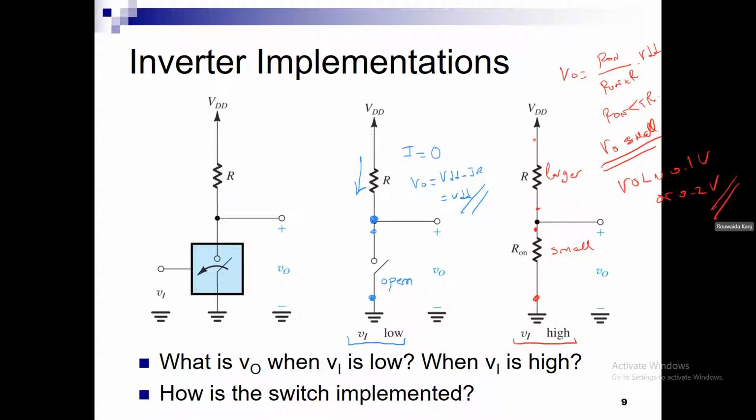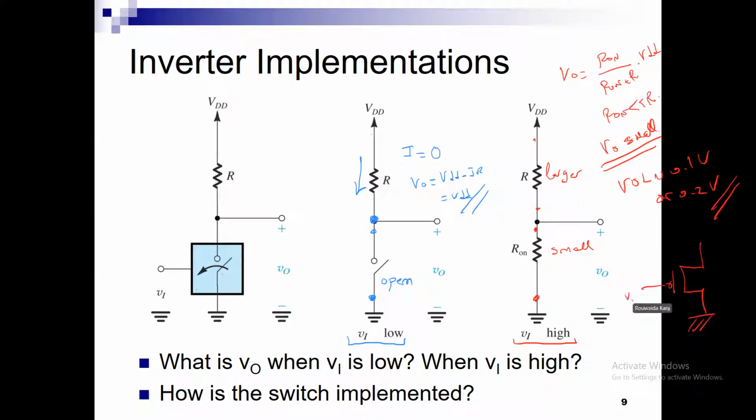Okay, so under this condition, if the device is strong enough, its R-on will be small and it's going to pull the output. The output will favor the low. Okay, now how do we implement this switch? We implement it using a transistor that has a small on resistance. Why?